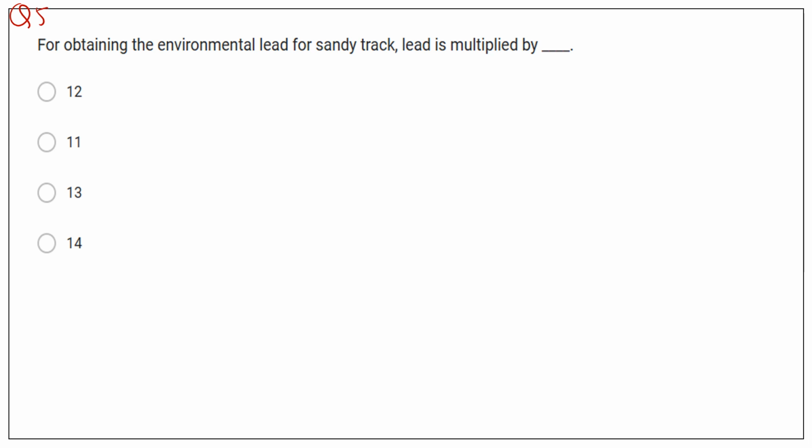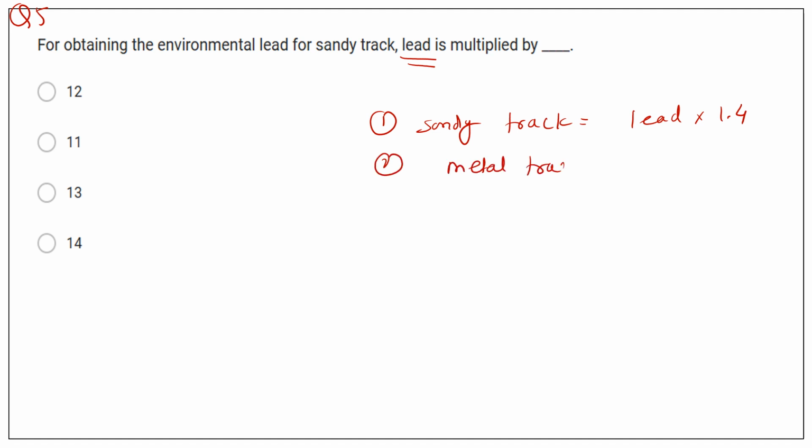The next question. Question number 5. For obtaining the environmental lead for sandy track, lead is multiplied by. Okay, lead is nothing but the horizontal displacement of the excavated material. In case of sandy track, the lead is multiplied by 1.4. Then the second condition is metal track. In metal track, the lead is multiplied by 1.